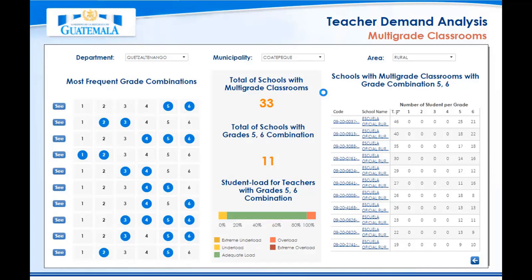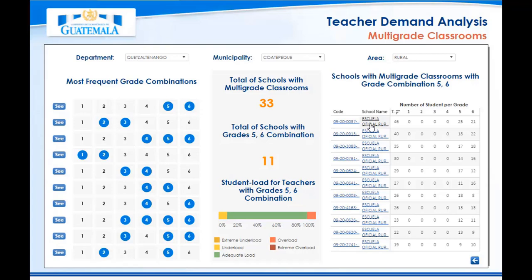We also see that we have 11 that combine 5th and 6th grade, which is the most popular combination, and the student load for teachers with that grade combination. So we see that there's very little overload of students for that combination. On the right side of the screen, you will find the list of schools that have that specific problem. So you're starting to focus at a level where you can actually make a decision to solve a specific problem.